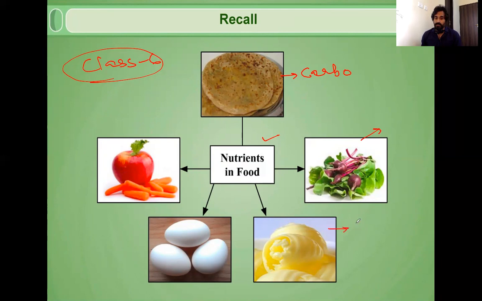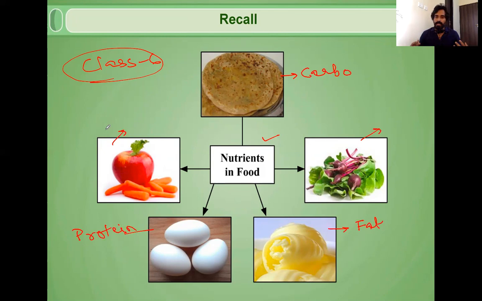This butter, you have fat, which gives you energy. And this egg we have protein as well as fat. Protein helps in building the human body. And then vitamins, minerals you get from different fruits and vegetables. So a balanced diet is very important for survival.